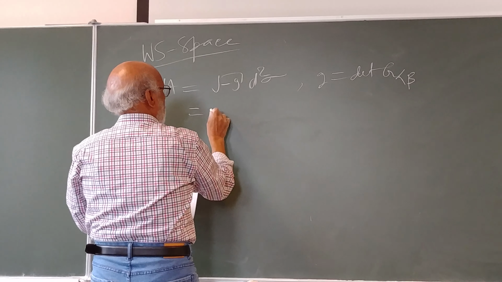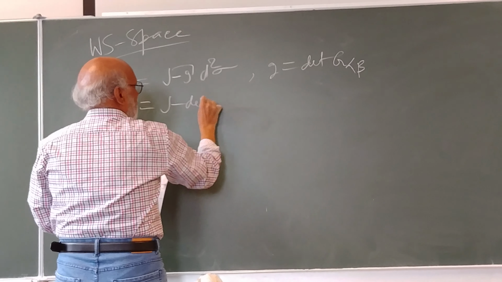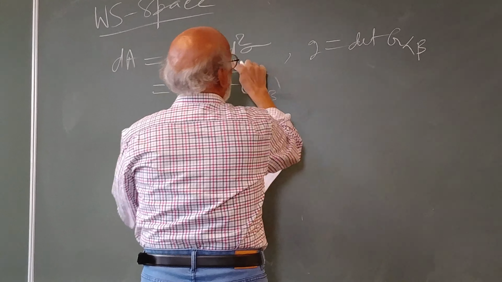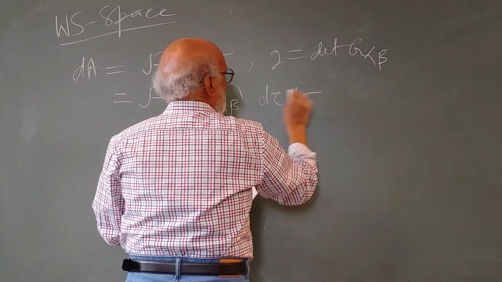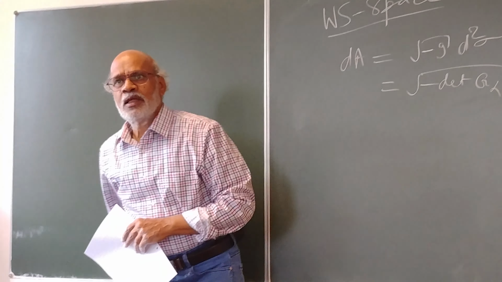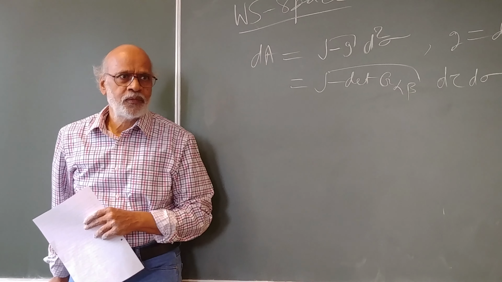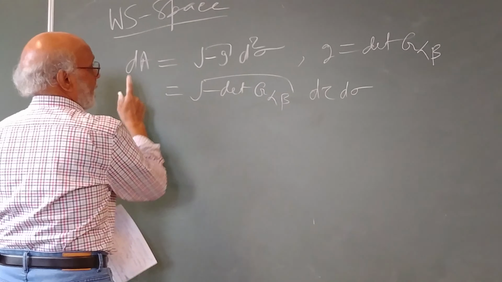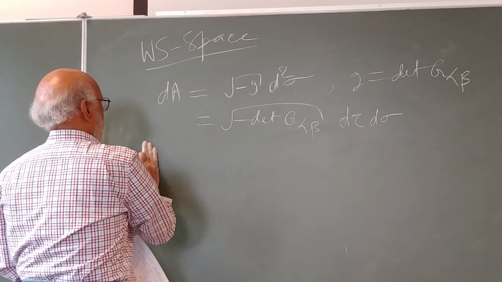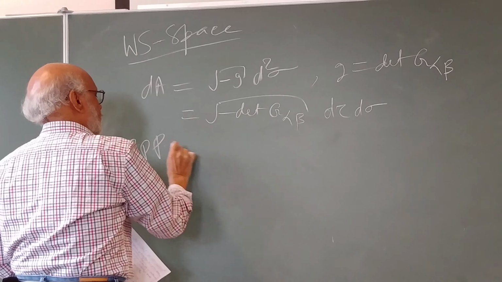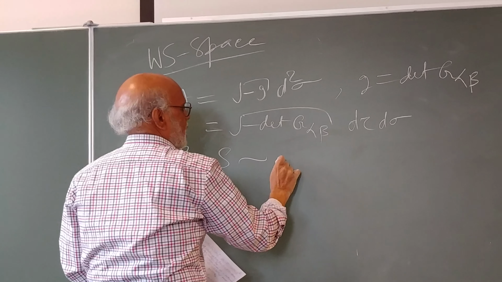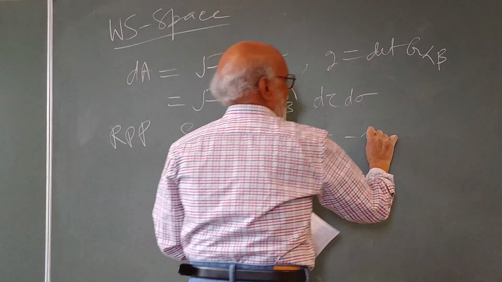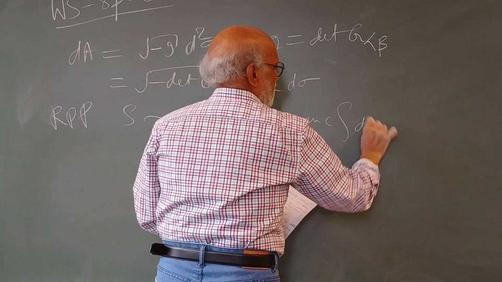And d2 sigma, if you like, you can write as d tau d sigma. Okay, and therefore the action would be, now in the first case, for the relativistic point particle, the action was proportional to the length and was then minus mc times ds.